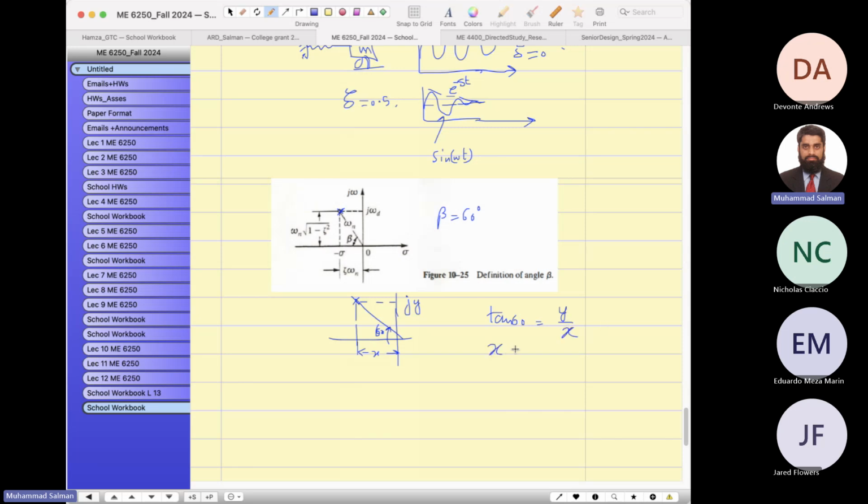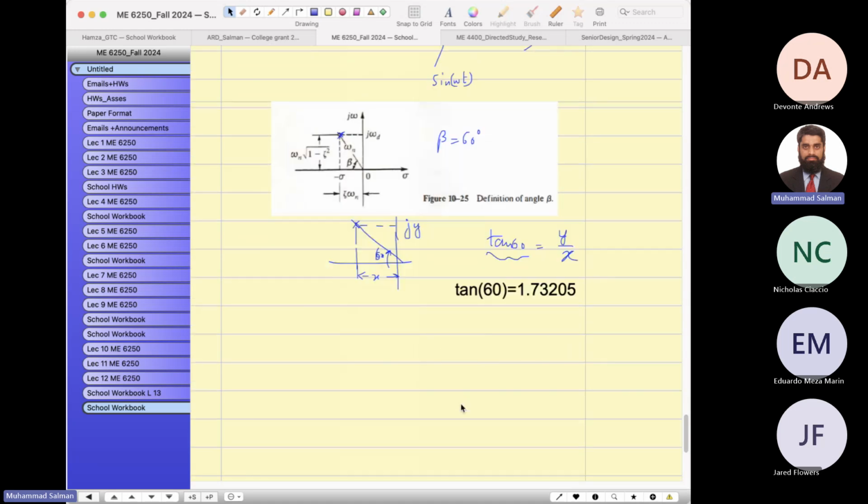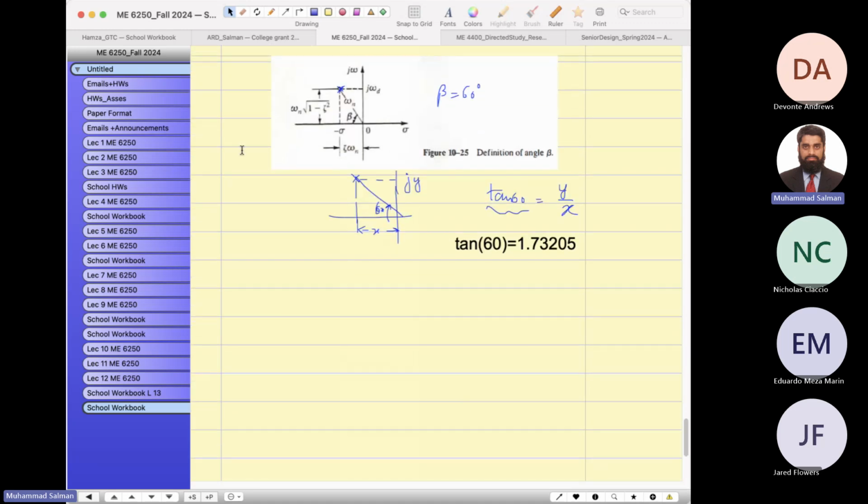And what is y in terms of x? What is tangent 60? So let me rewrite here. I believe it is square root 3. Tangent 60 equals square root 3, in decimal.